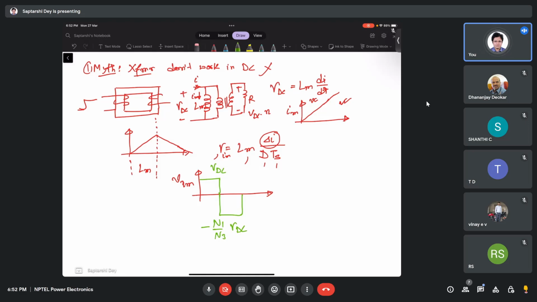So for D Ts amount of time the voltage is this much, the rest of the time the voltage is this much. So it's an AC, okay, it can be like this also. At steady state it's an AC, but if you talk about transient, transformers can work in DC.